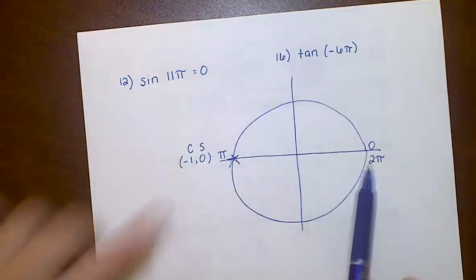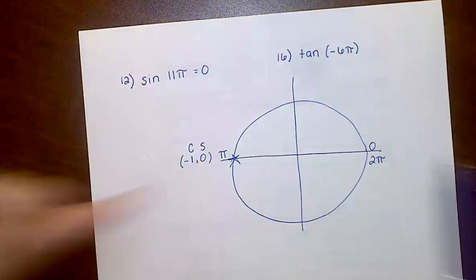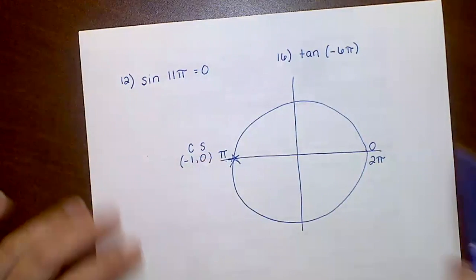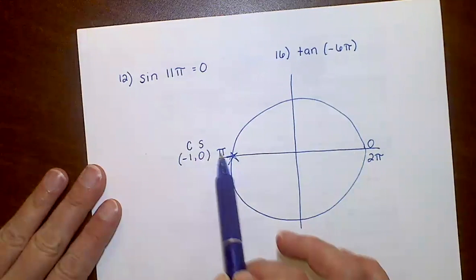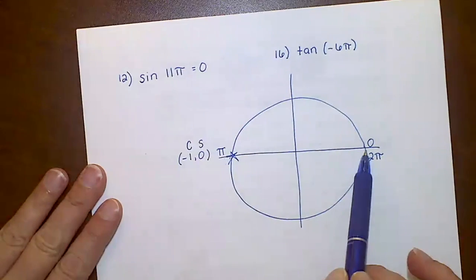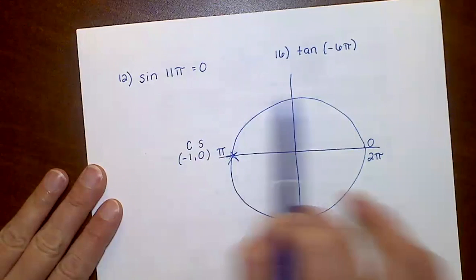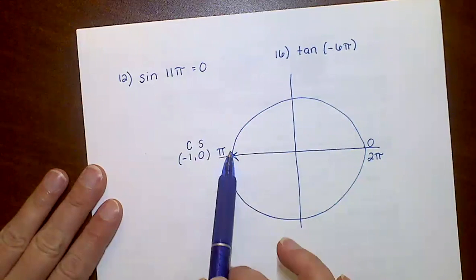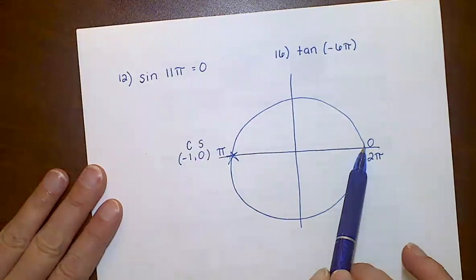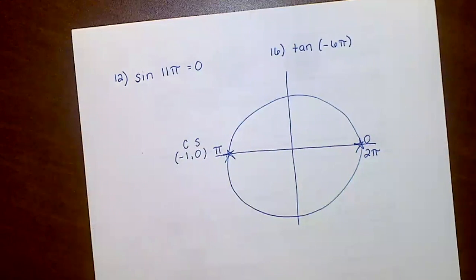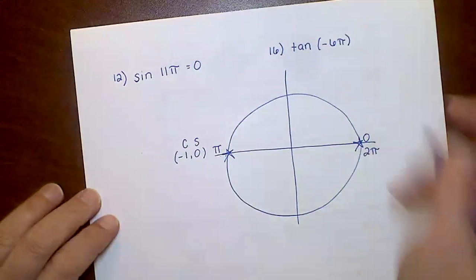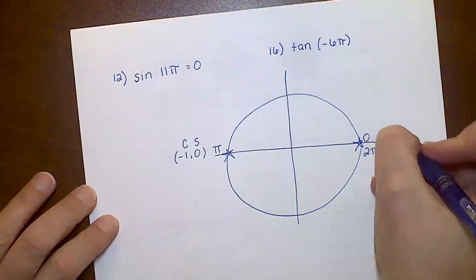Because you're still landing in the same two places. But if it were any other angle, it would really matter. So for negative 6 pi, I'm going to go backwards: negative 1, negative 2, negative 3, negative 4, negative 5, negative 6. So negative 6 pi is really just the same as 0 or 2 pi. Okay. Coordinates there are 1 and 0.